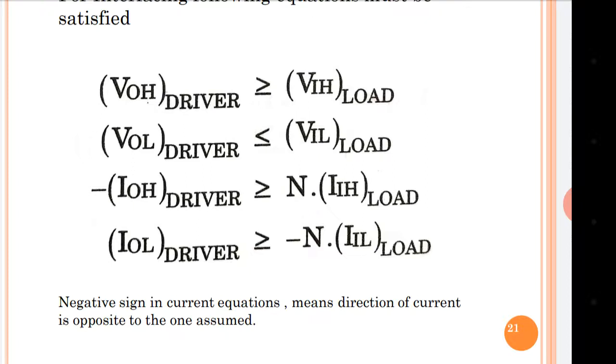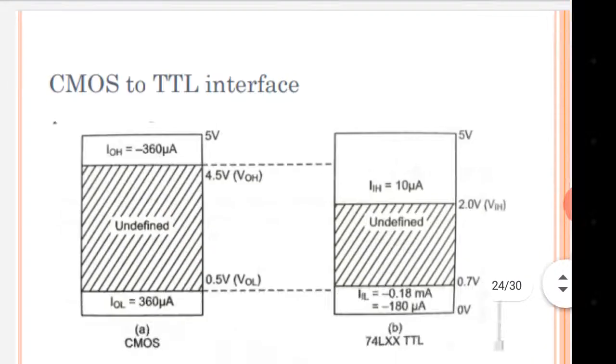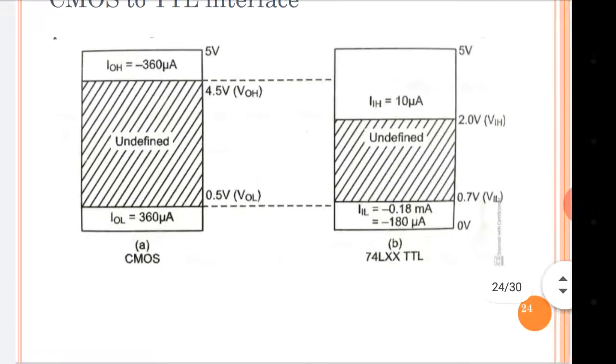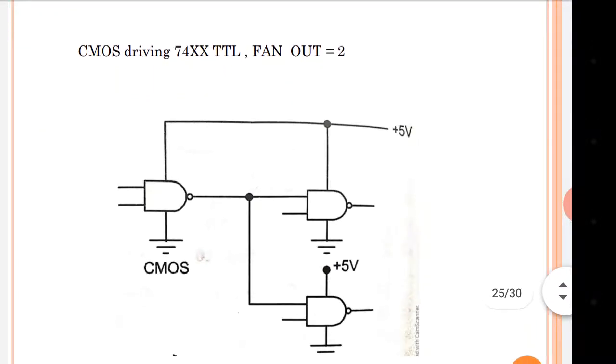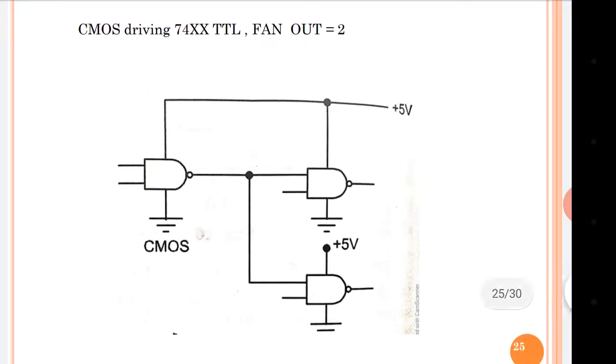IOL for the CMOS is 360 microampere and IIL for the TTL is 180 microampere. So if you substitute, n will be 2, so that equation will be satisfied only for n equal to 2 in this case. That means your CMOS gate is able to drive only 2 TTL logic gates, that means the fan out will be 2.